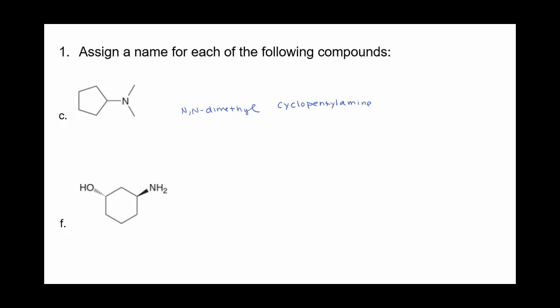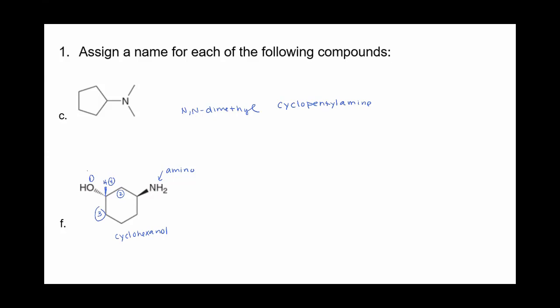And then if you're doing stereochemistry for this, the parent here is going to be cyclohexanol. The alcohol will take priority over the amine. This would be listed as an amino. Our H is 4, 2.